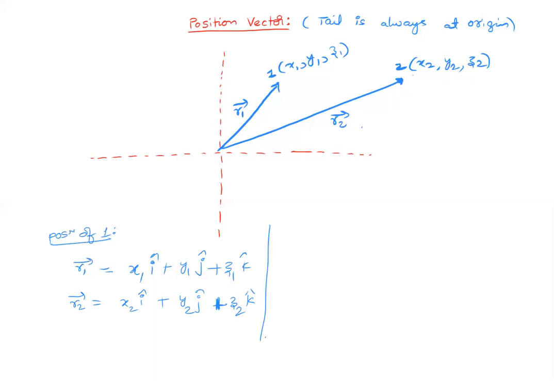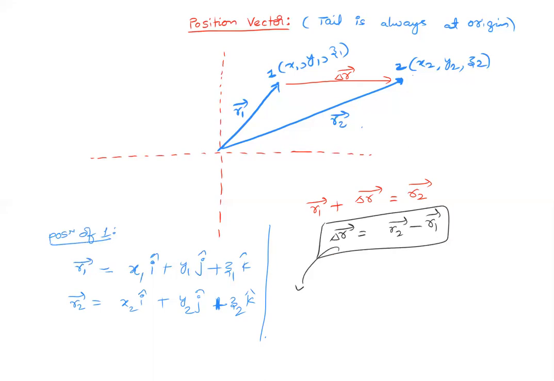Now if you are trying to apply triangle law here, if this is some delta r bar, then r1 bar plus delta r bar is r2 bar, triangle law of addition. So that will give you delta r bar is r2 bar minus r1 bar. This is in fact called the displacement vector. Your body is going from 1 to 2, so this is your displacement vector.